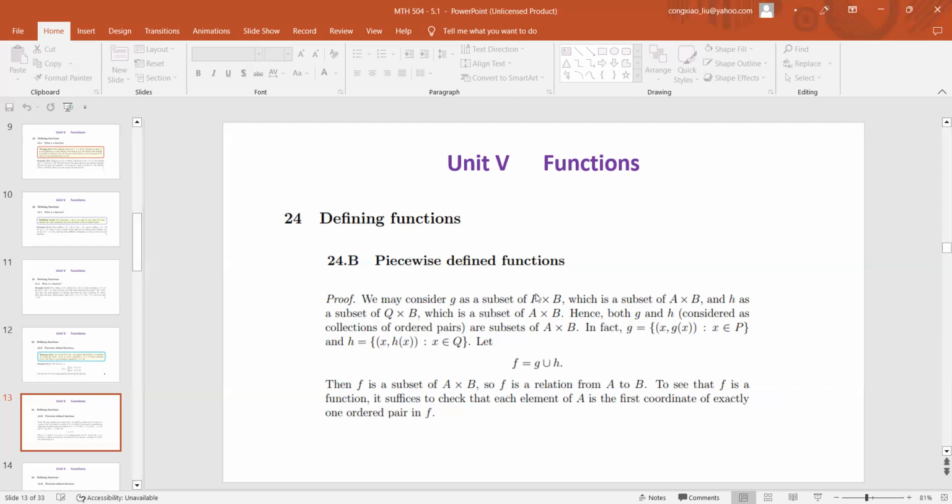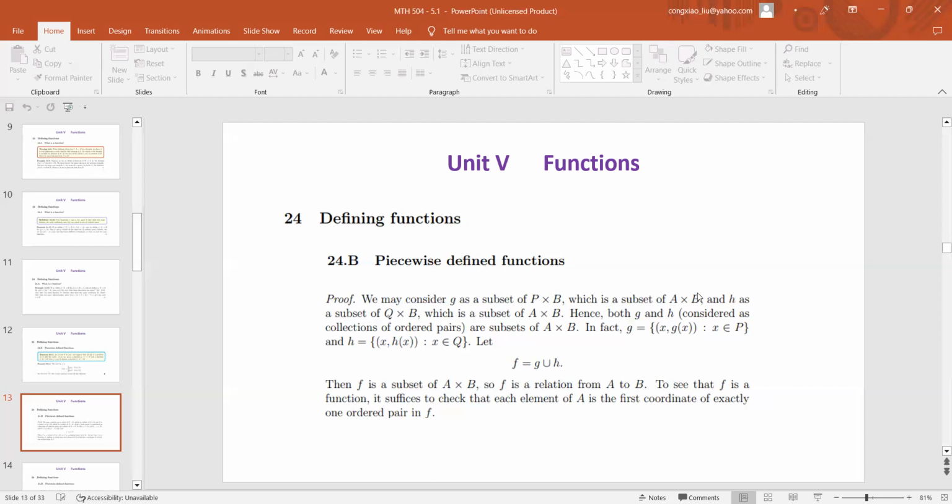Obviously set P is smaller than set A, so it does not have all the pairs in A cross B. So that's a subset of A cross B. So g is a subset of A cross B.